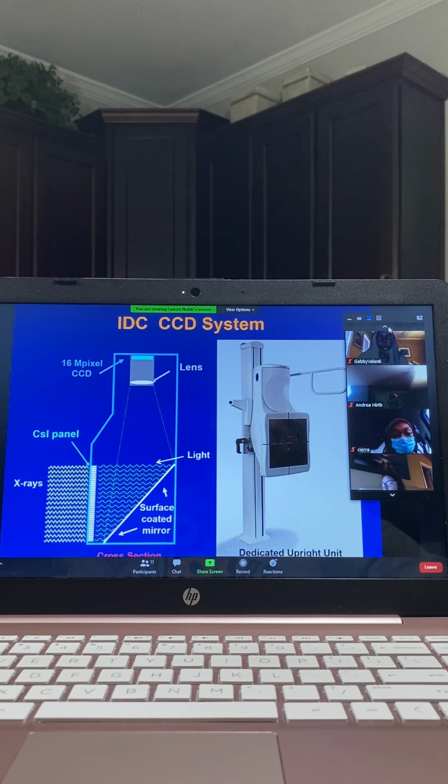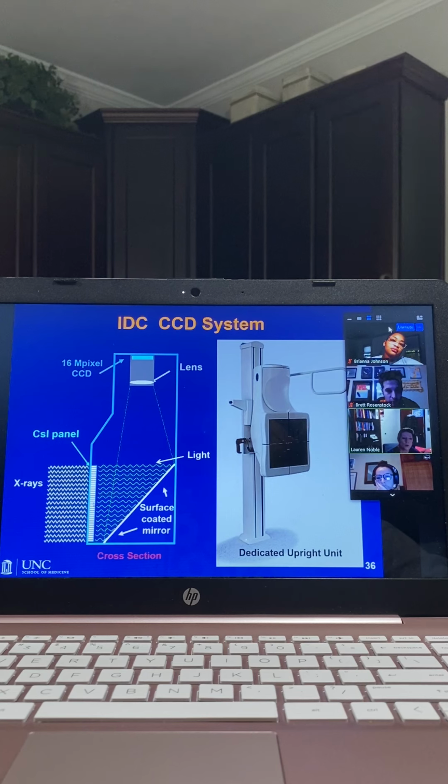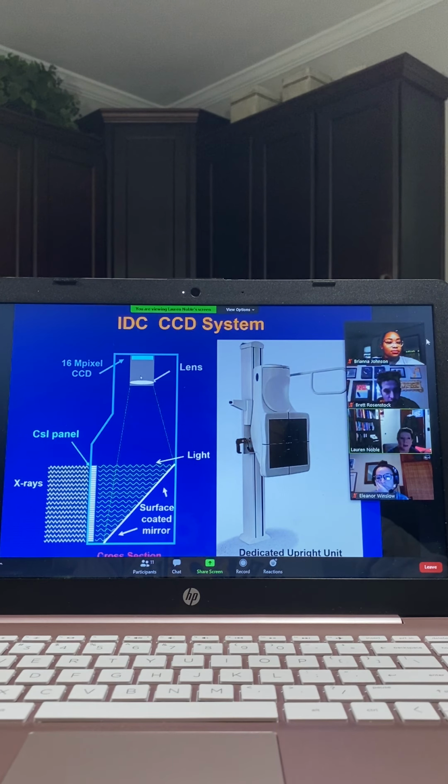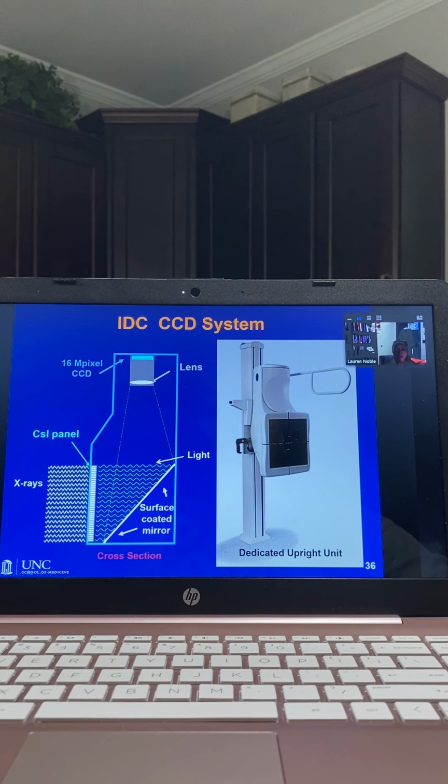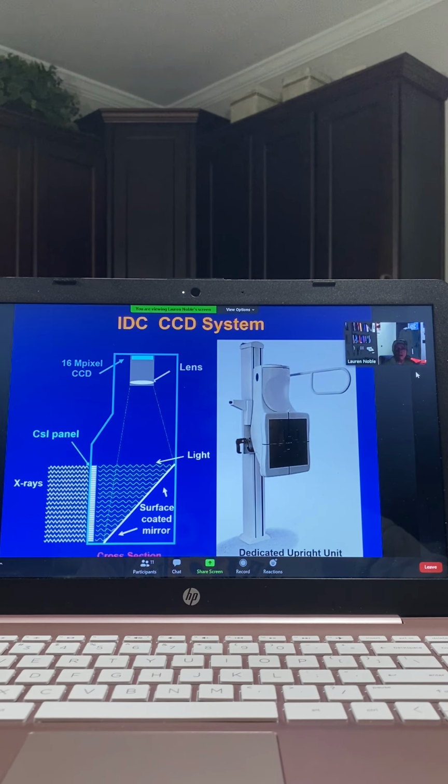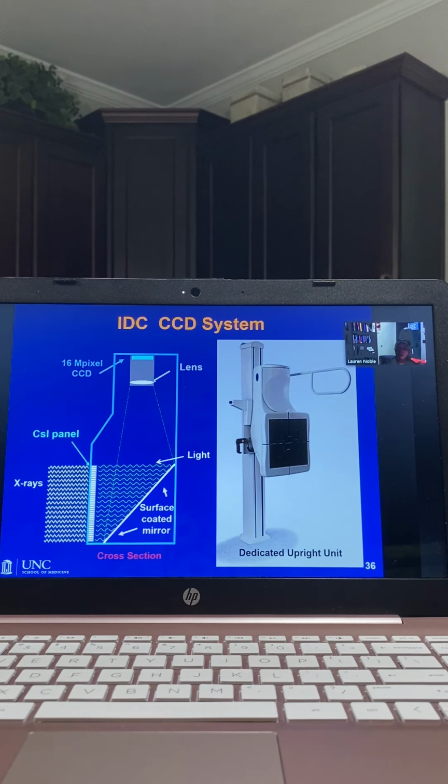The other thing too, because of the distance between the cesium iodide and the CCD, you would lose some light photons, so you may have to increase your mass a little more than what you would use with a flat panel detector, because you were losing some of that data. And so you'd have to increase your mass to make up for it. But nonetheless, it was the first attempt at having a CCD system.